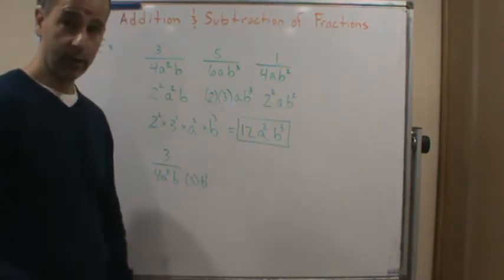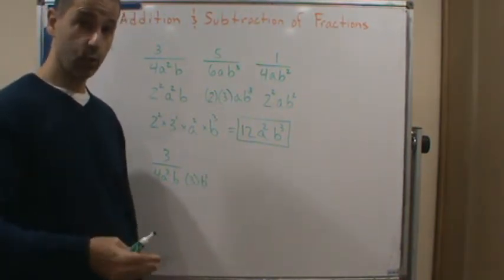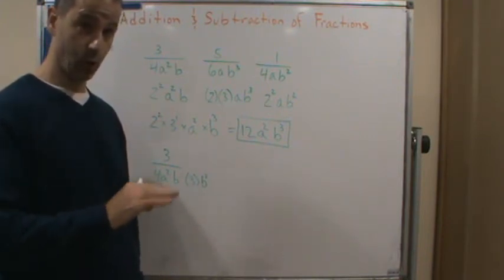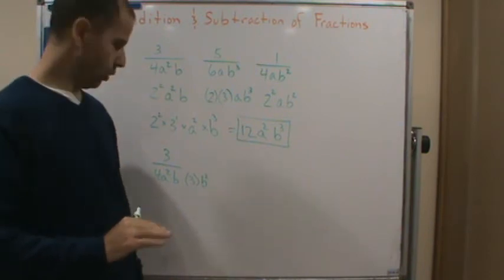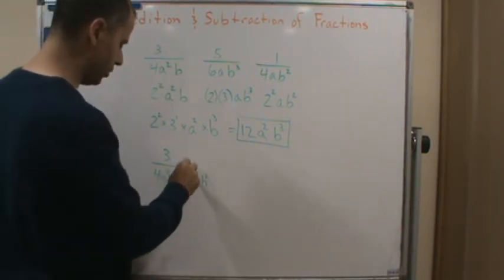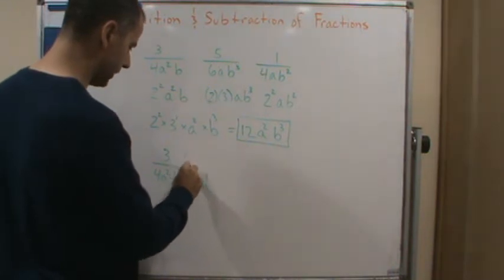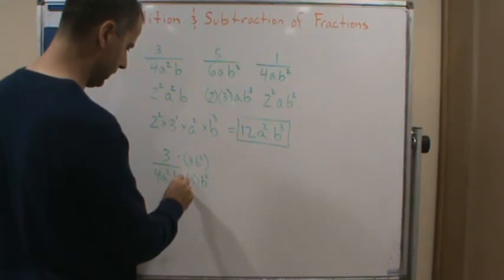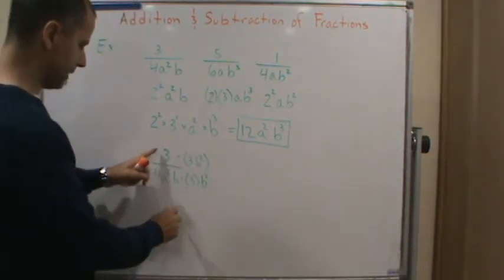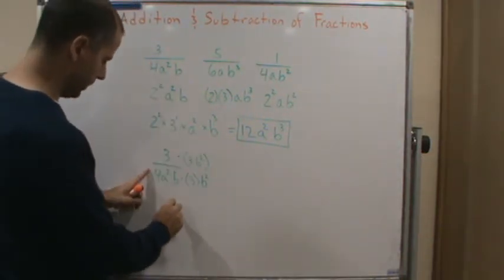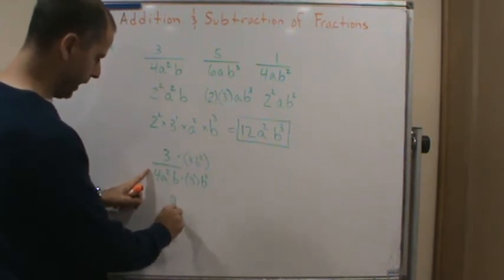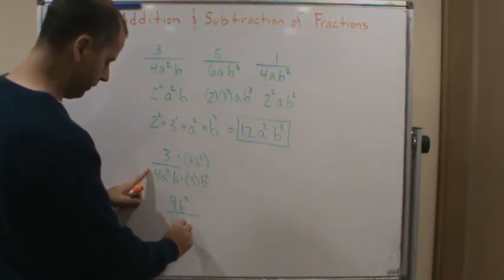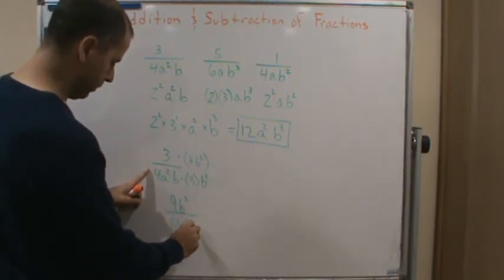Now, remember the fundamental principle of fractions: whatever you do to the bottom, you have to do to the top to make an equivalent fraction. You don't want to change the fraction. So we're going to multiply the top and the bottom by the same thing. And now this fraction becomes an equivalent fraction of 9B squared over 12A squared B cubed.